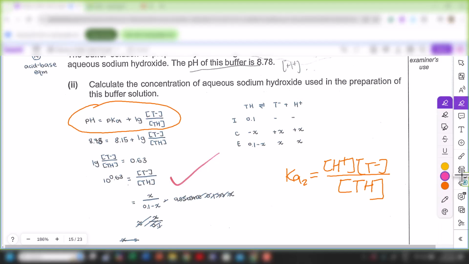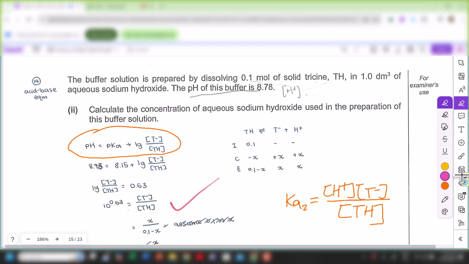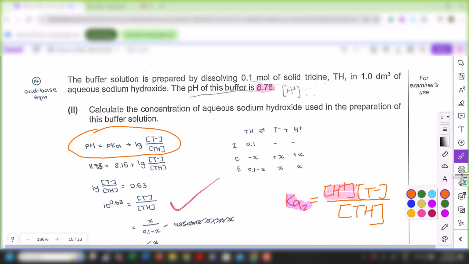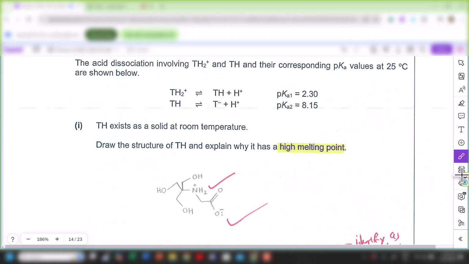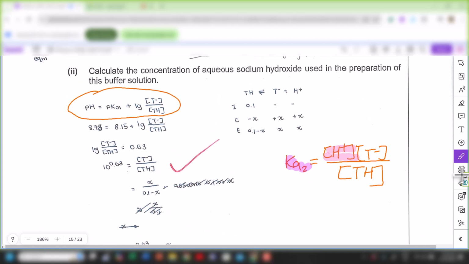Because I am given the pH, the concentration of H plus can be determined. I'm not given Ka2 per se, I'm given pKa2, which is 8.15. So Ka2 will therefore be 10 to the power of minus 8.15. Therefore I can find out the ratio between T minus and TH.